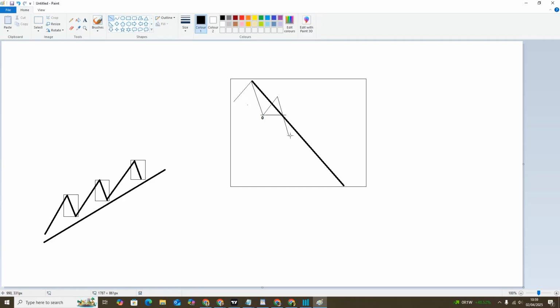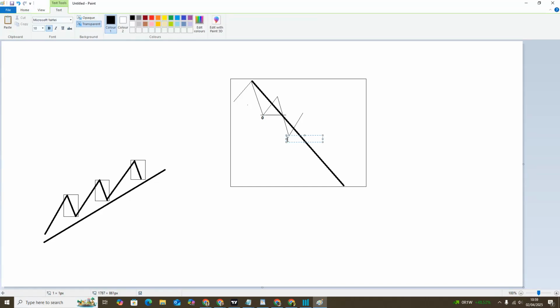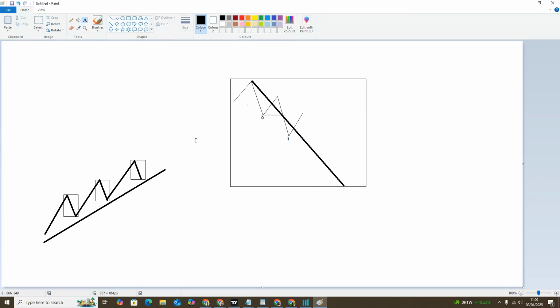Then once this price gives us a valid pullback, that means a higher close, a series of higher closes, it could be one or two, it doesn't matter, that means it's a valid pullback. Then this low, because it traded below this low, is now one. Okay, nothing has changed. This is a normal correction.